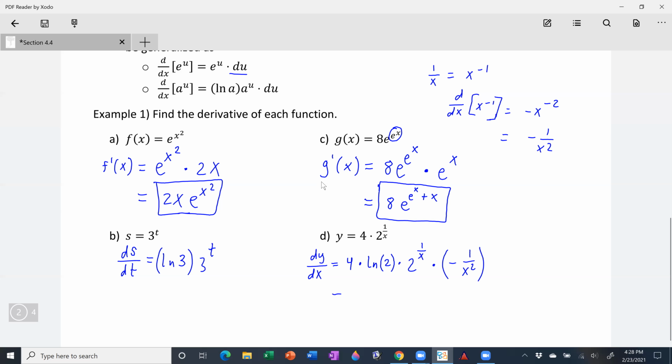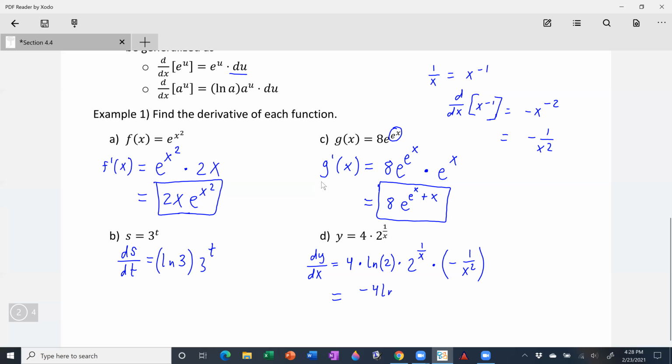Let's go ahead and clean this up. Probably not a whole lot of stuff that we can do, but let's clean it up a little bit. Don't multiply the 4 with that 2 right there because that 2 is being raised to the 1 over x power. So maybe the only real way to clean this up is I'll just use this negative that's involved over there with the 4. So let's write this as -4.